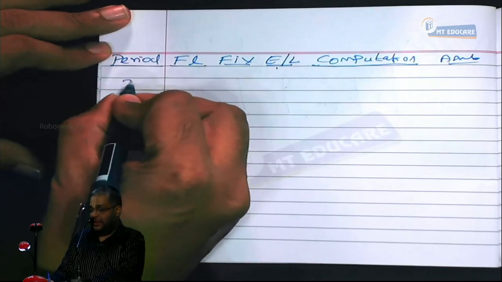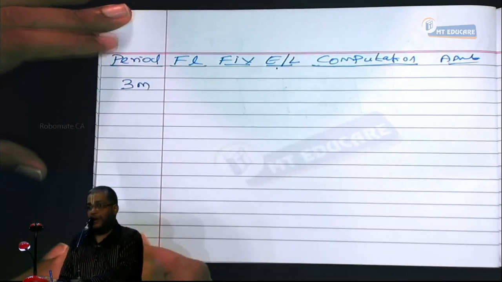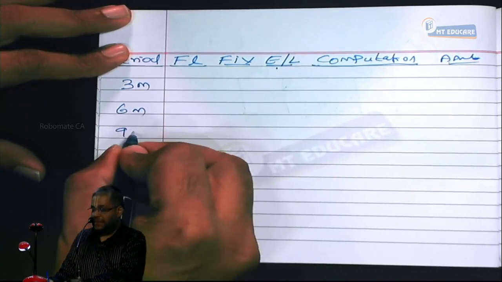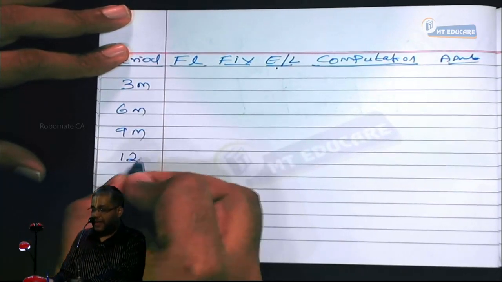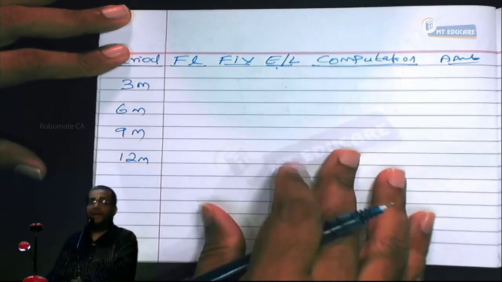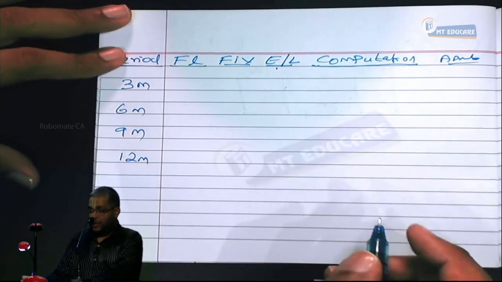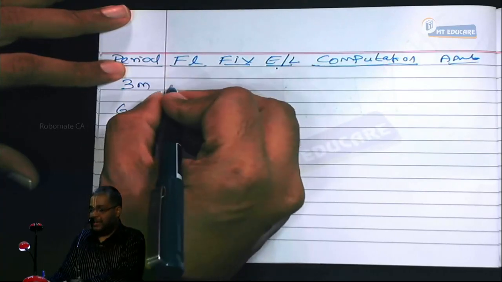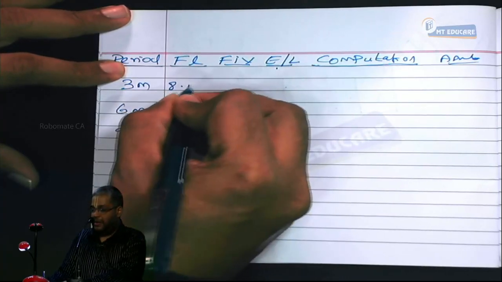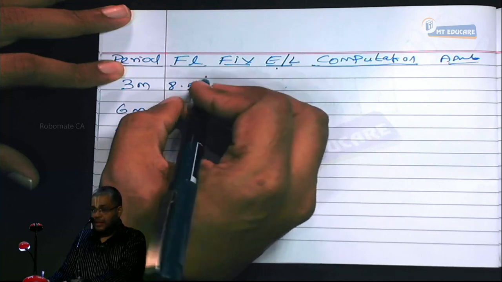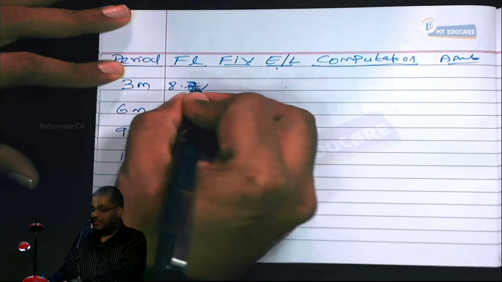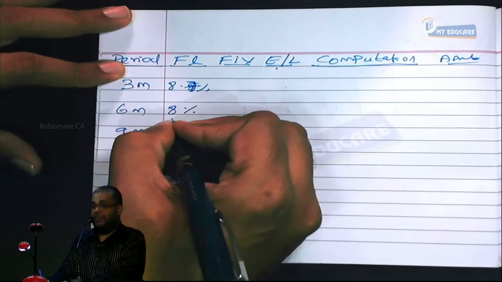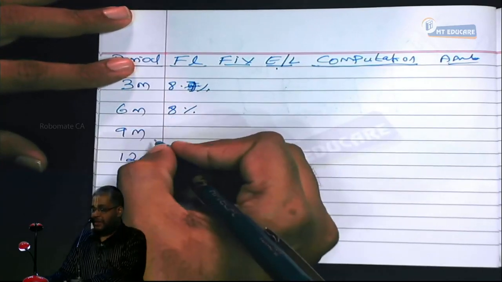First swap cash flow happens in what? 3 months. Then 6 months. Then 9 months. Finally 12 months. Yes or no? Floating rate to be exchanged after 3 months is given as how much percent? 8.5? 8.7%. After 6 months, these are 3 months MIBAR, 8%.